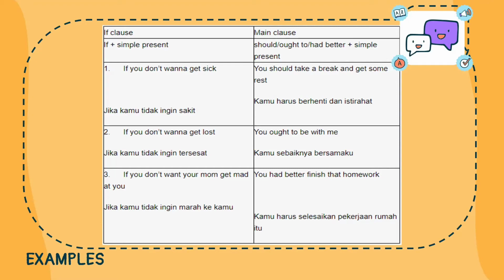If you don't want to get lost, jika kamu nggak ingin tersesat, you ought to be with me. Kamu sebaiknya bersamaku. If you don't want your mom get mad at you, jika kamu nggak ingin mama kamu marah ke kamu, you had better finish that homework. Kamu harus menyelesaikan pekerjaan rumah itu.